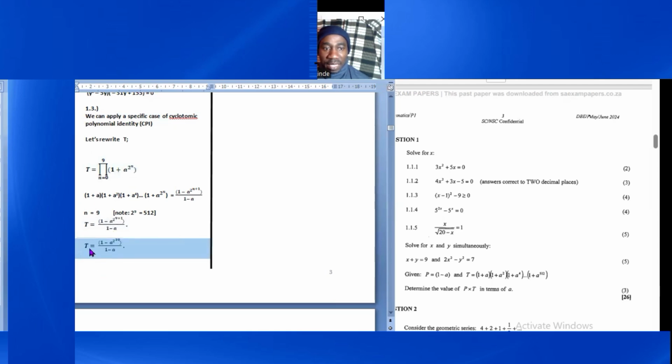So T will be equal to 1 minus a exponent 2 exponent 10 divided by 1 minus a. So here T will be equal to 1 minus a exponent 1024, because 2 to the power of 10 will give you 1024, and everything divided by 1 minus a.